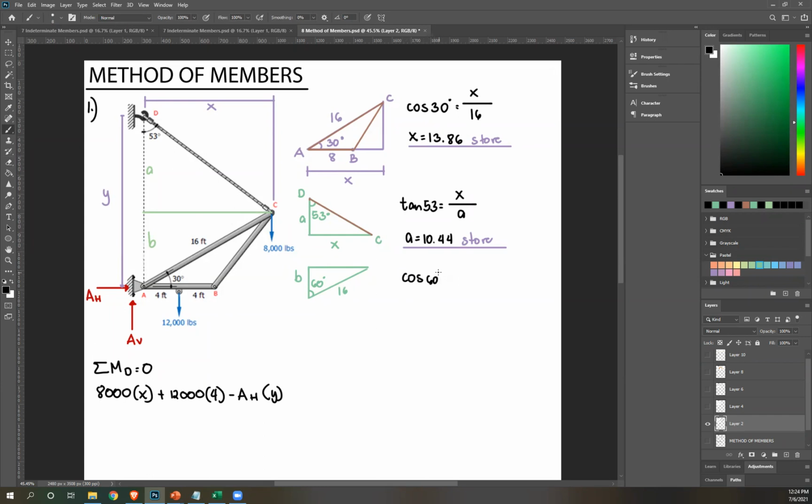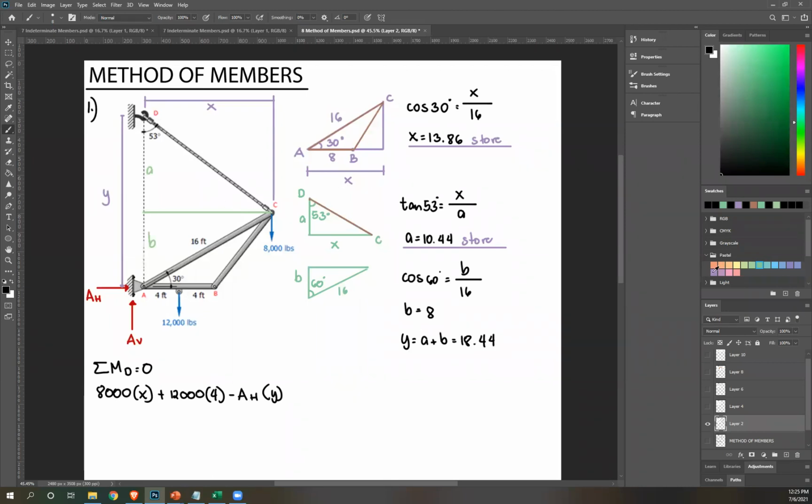Cosine 60 equals adjacent, which is b, over hypotenuse, which is 16. Therefore, b is just 16 cosine 60. That is 8. Okay, so 8. So no need to store. That's the whole number. So take note of your units, okay? All of them are in feet and then pounds. So therefore, solve for y. That's just a plus b. Therefore, you get 18.44.